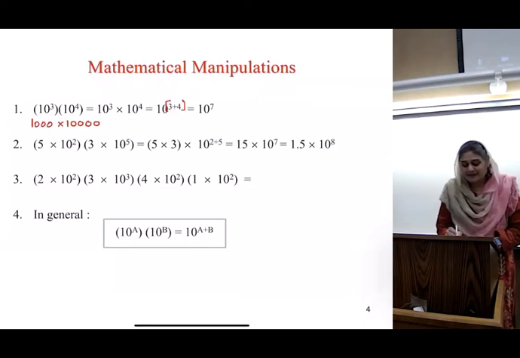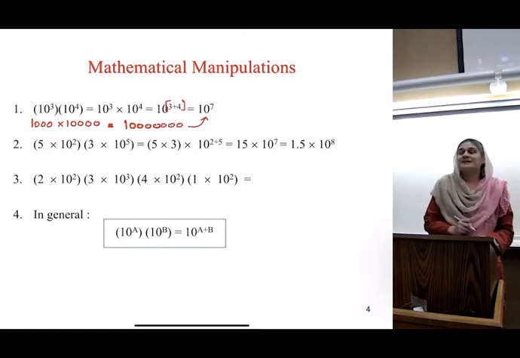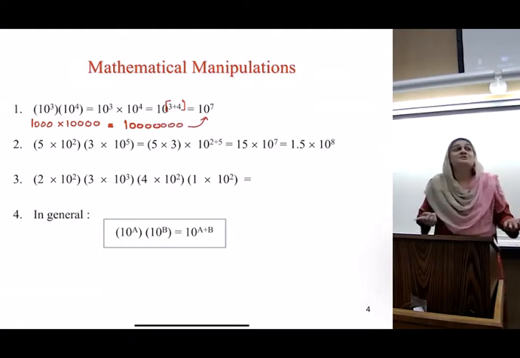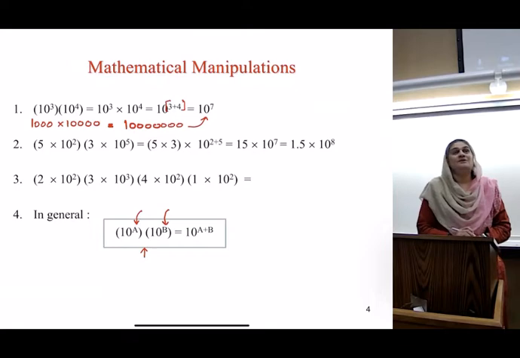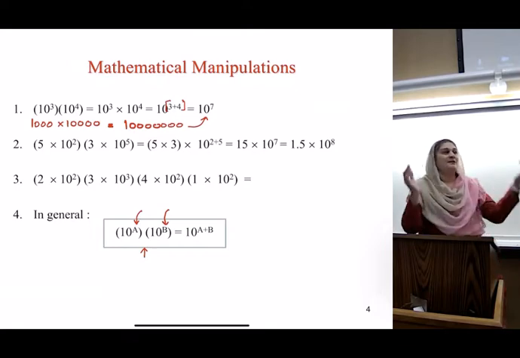It'll give us the same thing: 1, 2, 3, 4, 5, 6, 7. Or we can just write it as 10 to the 7. Same thing, we're just making life easier. In other words, for any A and any B, I can write 10 to the power A times 10 to the power B as 10 to the power A plus B. I've generalized it. I've made it into a formula.